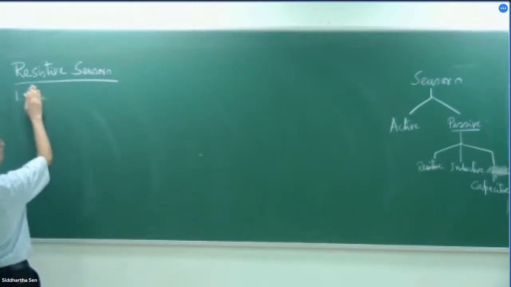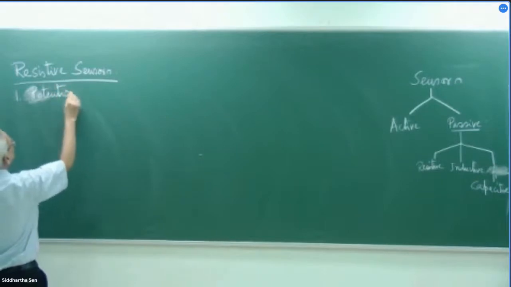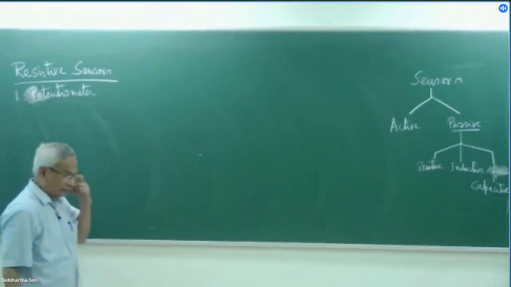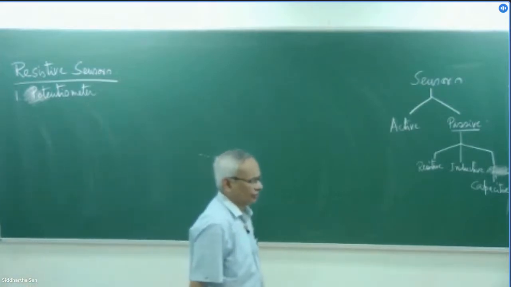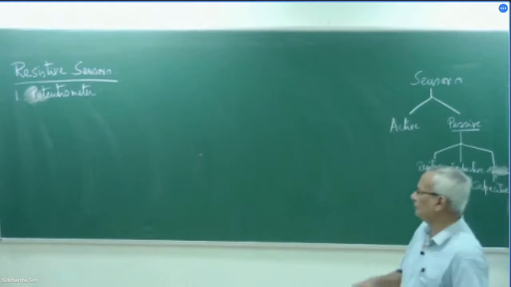So these resistive sensors we'll start with, and we'll find there are a number of resistive sensors. One is the potentiometer, which we have already mentioned. It could be a simple potentiometer, could be a distance measurement type.